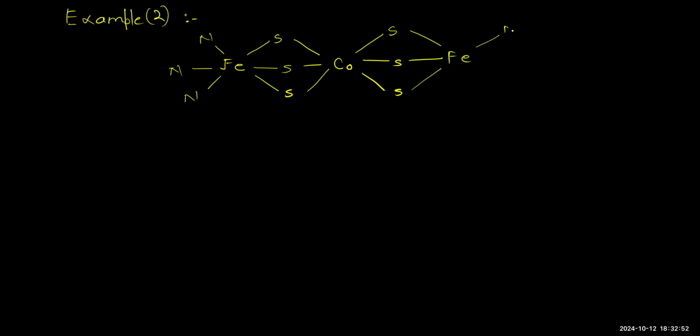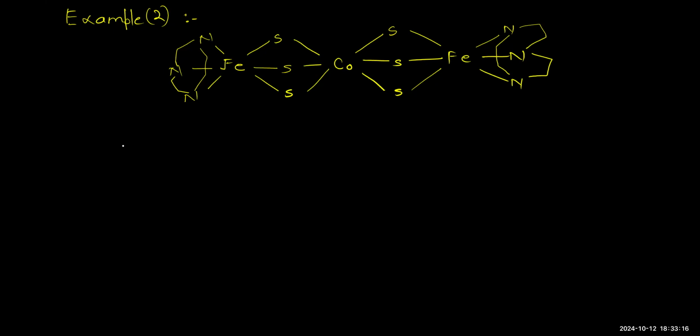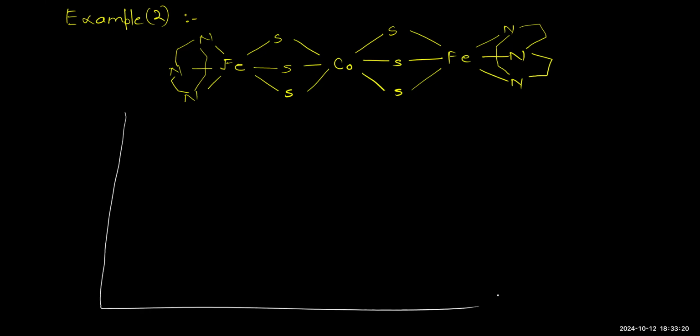Iron, nitrogen, nitrogen, nitrogen. These nitrogens are connected with each other this way. Right? Okay. So here, what would be the valency of this particular system? So what we saw here, let's see the spectrum first.